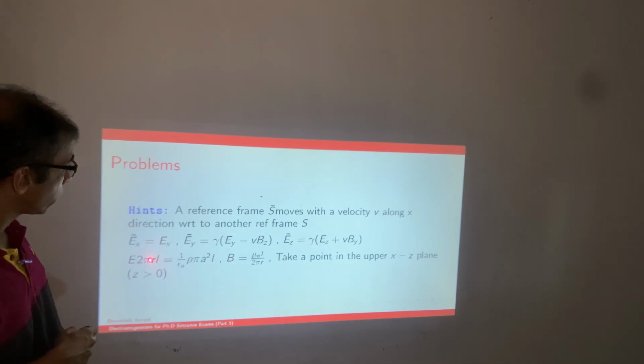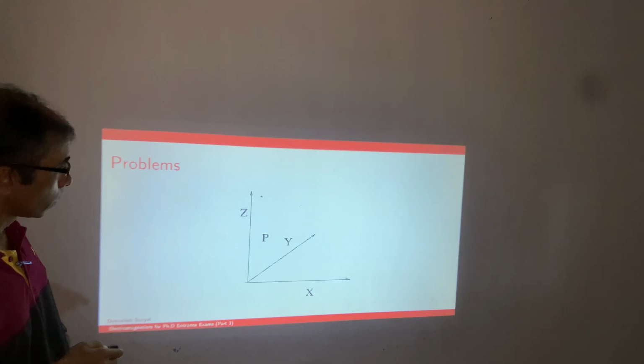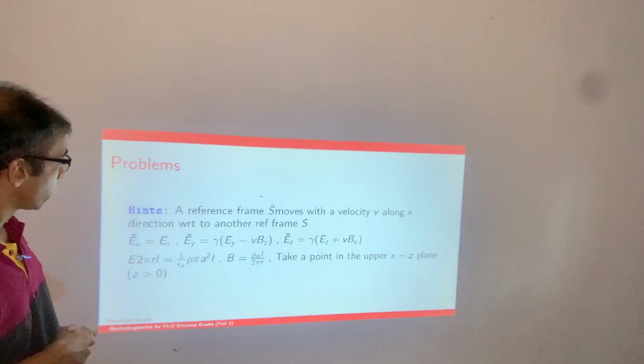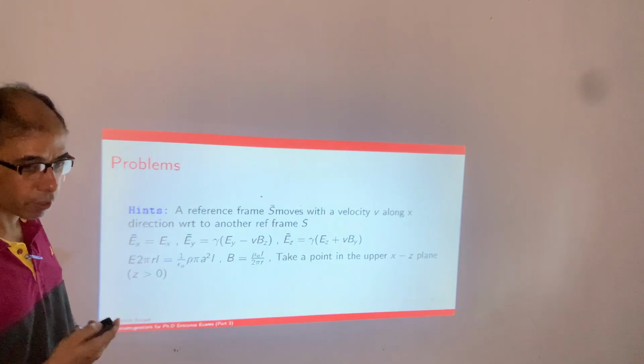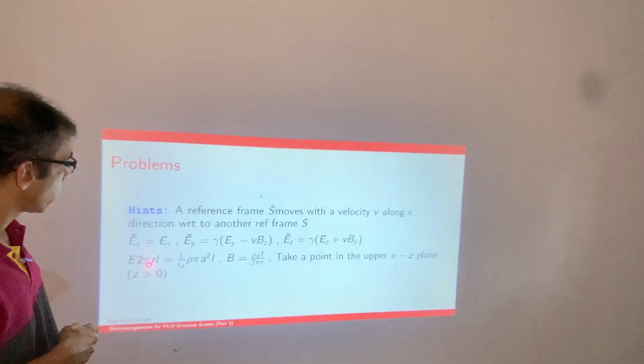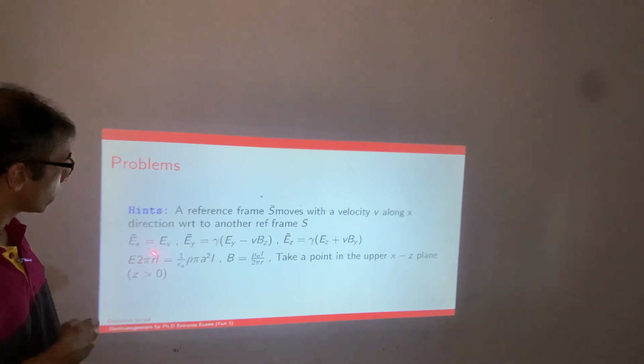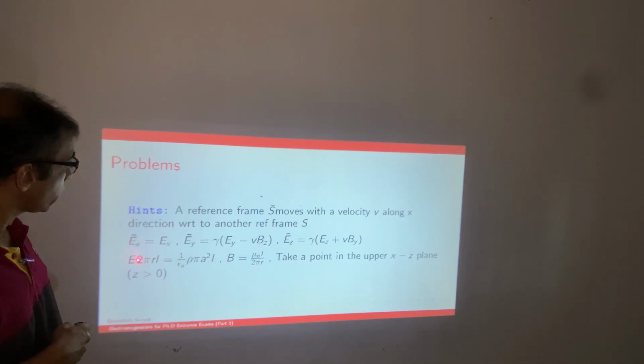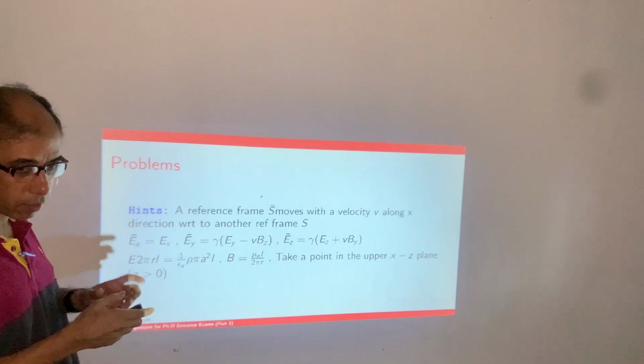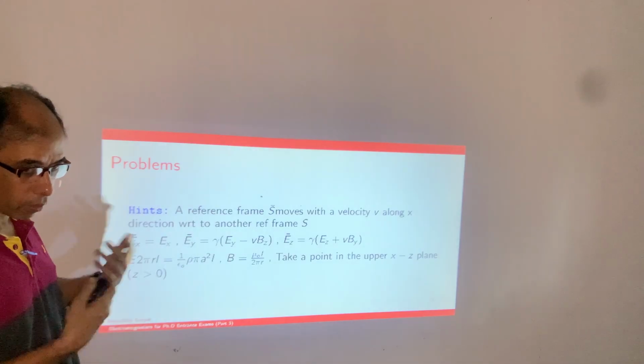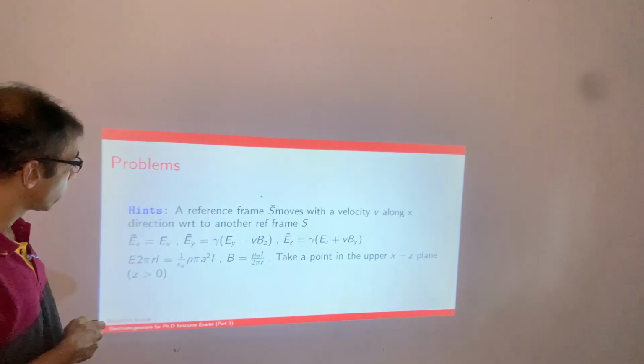If you take, say, a point at a distance r from the wire, then if you just consider the electric field, the wire is infinite, so we are using Gauss's law. So E into 2... we are considering a cylindrical Gaussian surface.